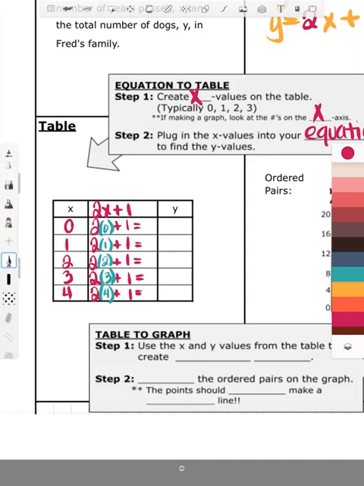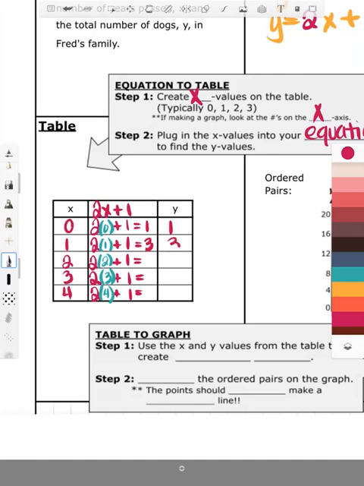And I'm going to solve each one. So over here we have 2 times 0, which is 0, plus 1 is equal to 1. So that y value is going to be 1. 2 times 1 is 2, plus 1 is 3.